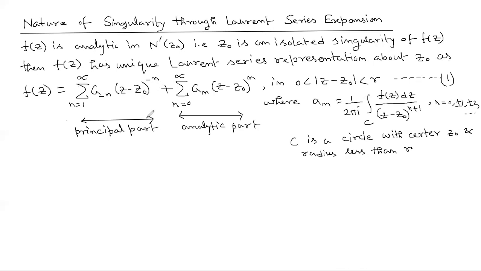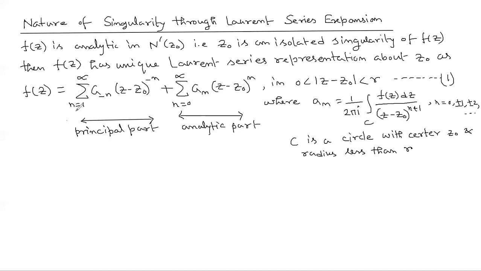So Laurent series expansion is an important tool in characterizing the nature of an isolated singularity. Whenever we have an isolated singularity z0 of a function f(z), we can write its Laurent series expansion about z0 in this form 1.